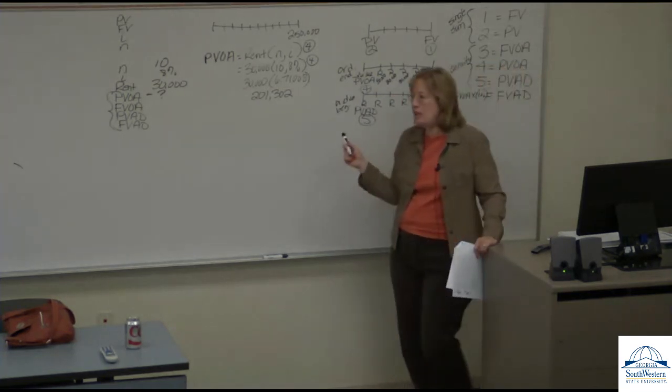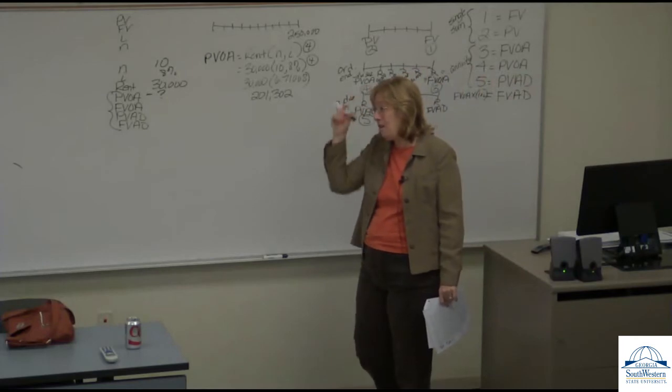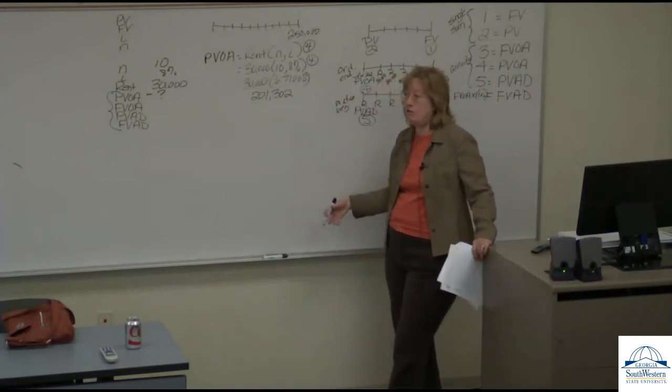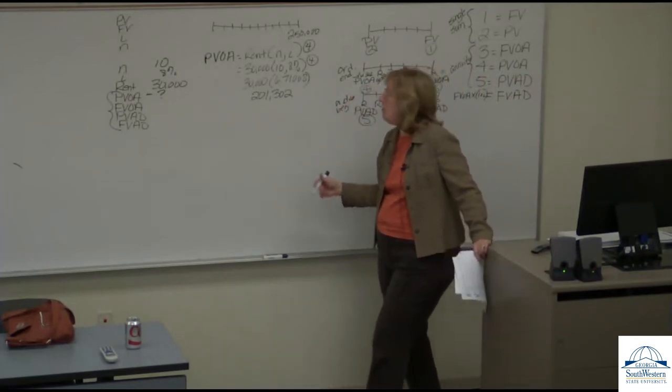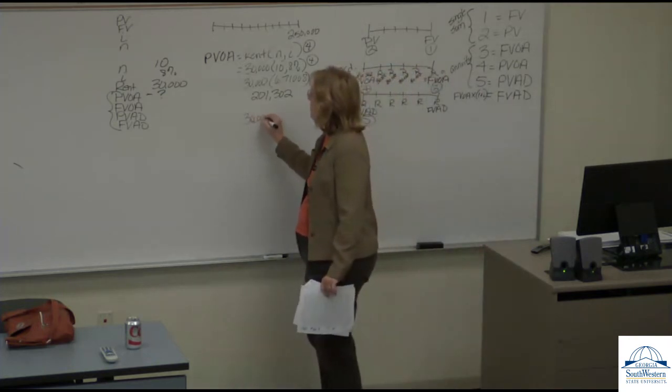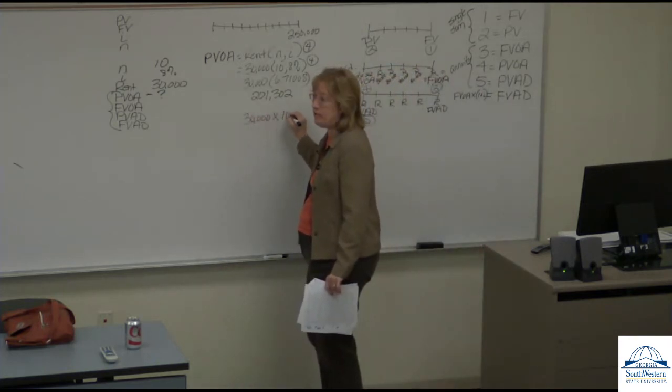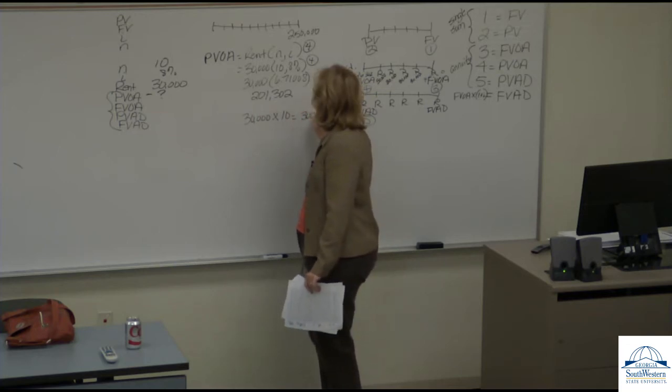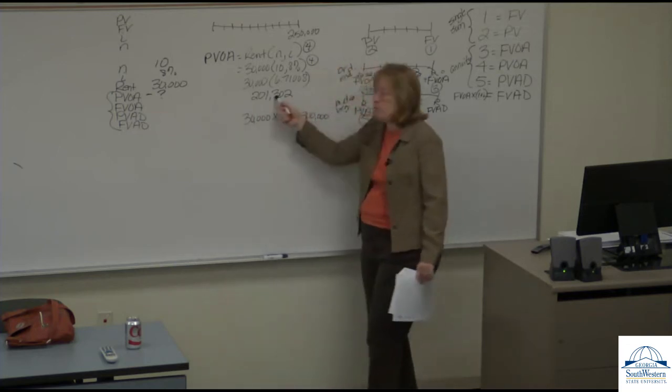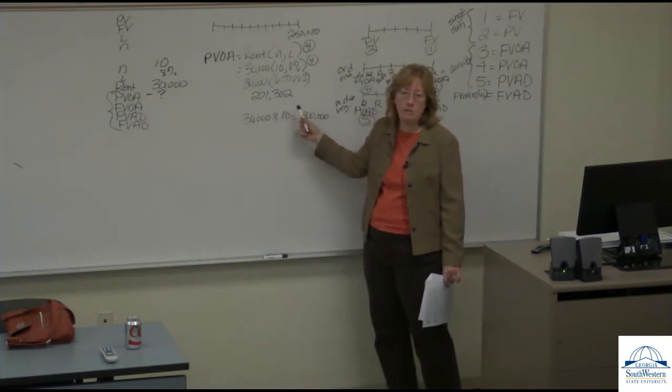How much is he taking out, Jonathan? 30,000 times 10 years. In total, how much is he taking out? 300,000. Right? But he only put 200 in. So do you see what's happening?